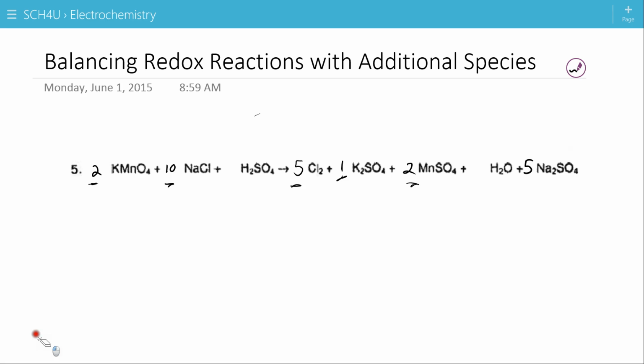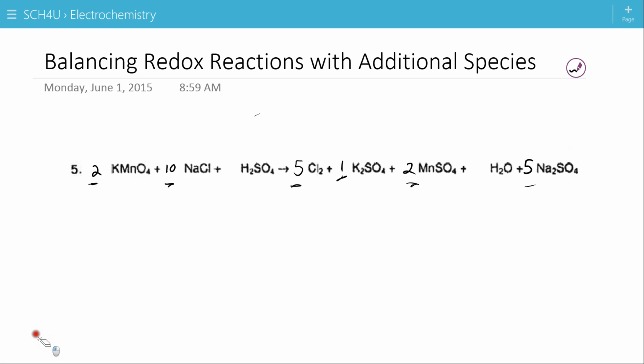Now I have everything set on this side except for the H2O, so I better deal with my sulfates on this side since all the sulfates are fixed, and then I'll be able to go back and look at my water to finish the hydrogens.